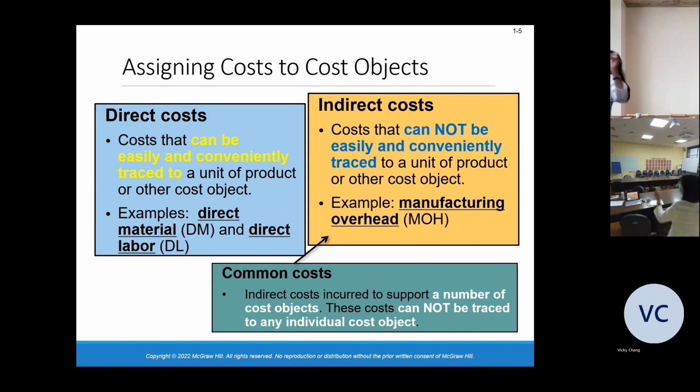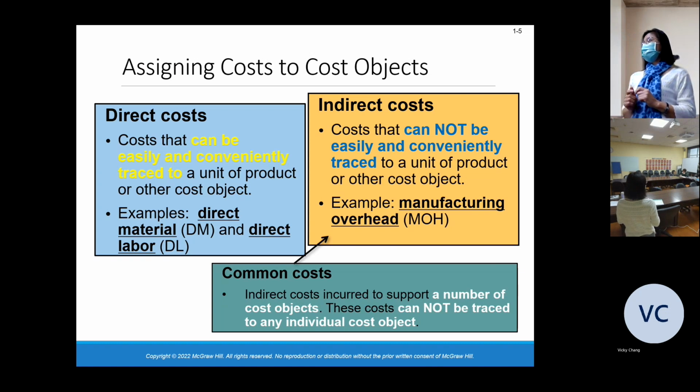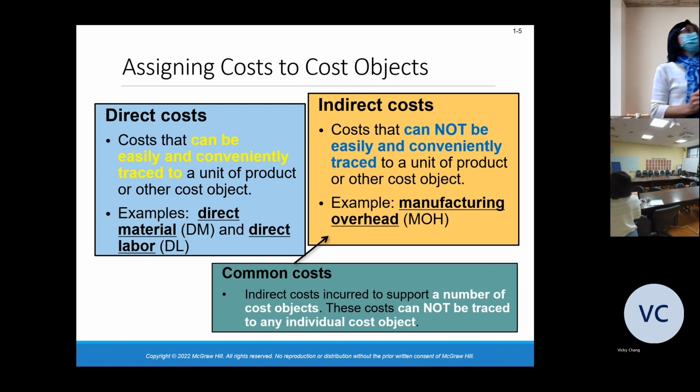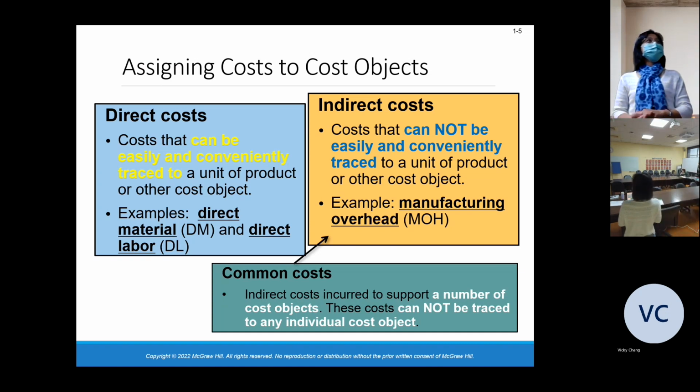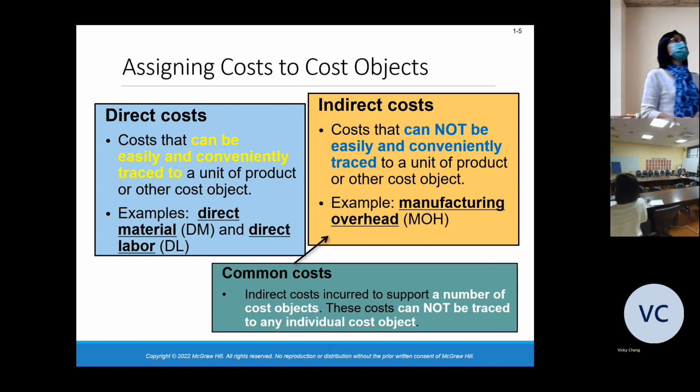Okay, so direct costs are costs that can be easily and conveniently traced to a unit of product or other cost objective. As I mentioned, the cost object can be a service. So that's direct cost, like direct material, direct labor. Indirect costs are costs that cannot be easily and conveniently traced to a unit of product or other cost objective like a service.